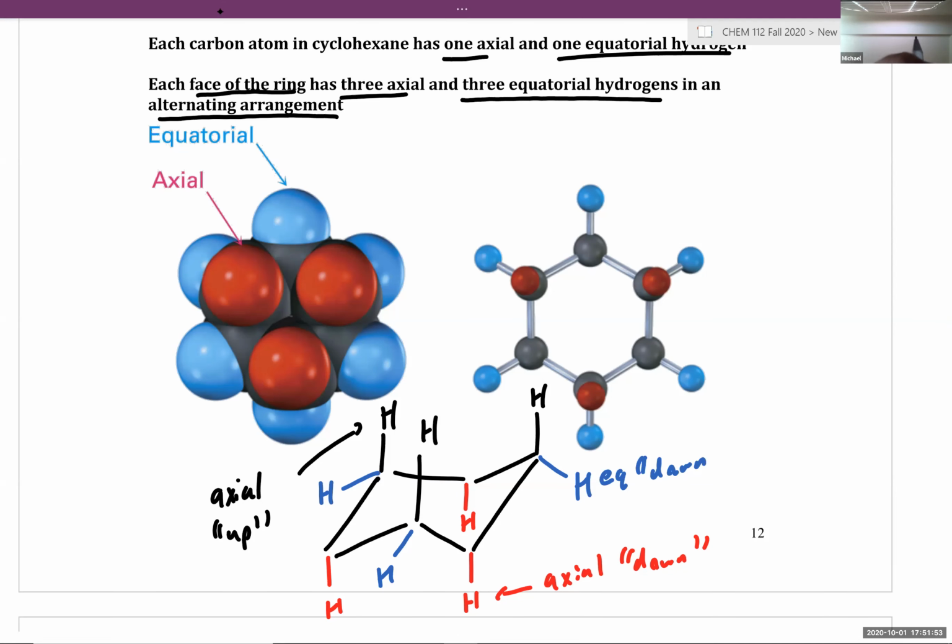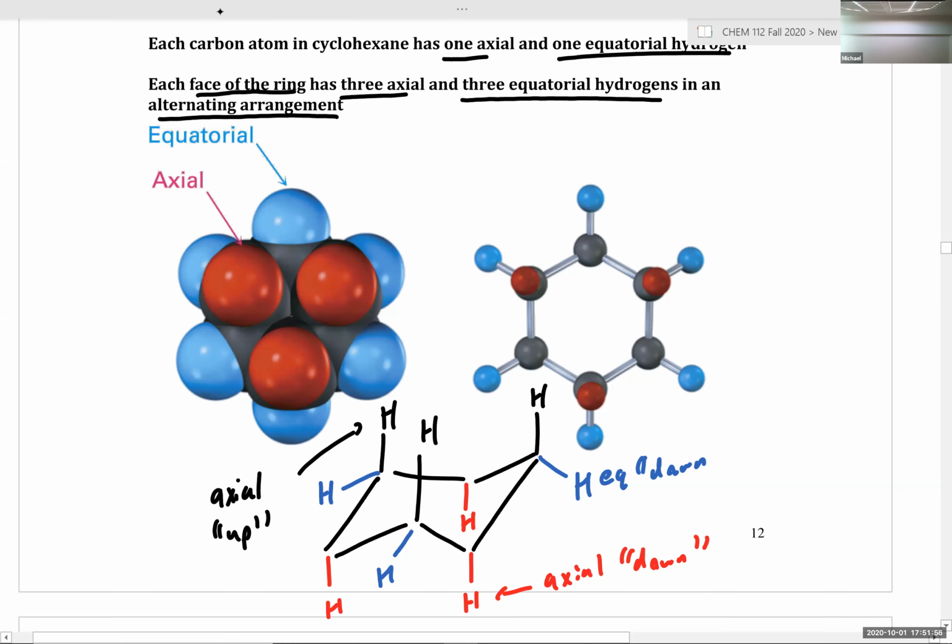Alternatively, if we focus now on our adjacent carbon that is next door, as you can see, when we have an axial hydrogen pointing down, how is our equatorial hydrogen pointing? Is this equatorial hydrogen pointing up or down?